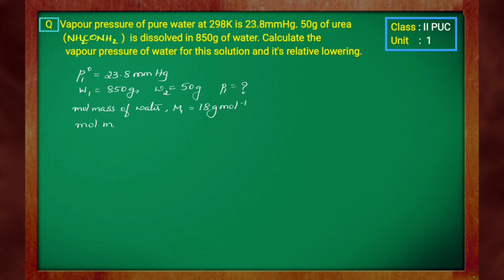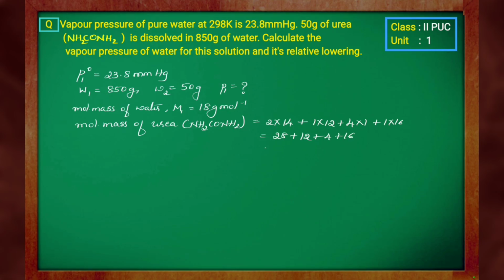Molar mass of urea: the formula of urea is NH2CONH2. 2 × atomic mass of nitrogen, that is 14, plus 1 × atomic mass of carbon, that's 12, plus 4 × atomic mass of hydrogen, which is 1, and also we have 1 oxygen, so 1 × 16. This is equal to 28 + 12 + 4 + 16, which is equal to 60 grams per mole.